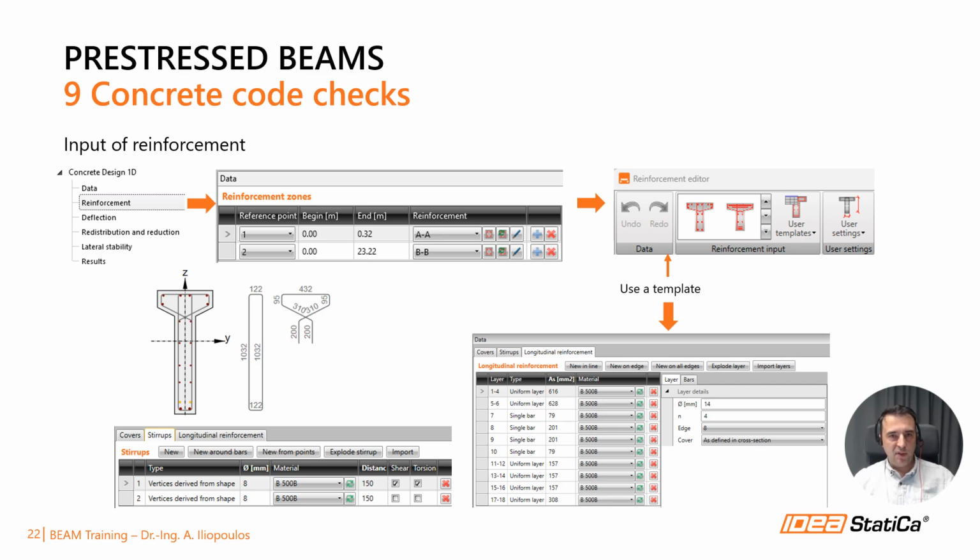For common cases, we can work with reinforcement templates, and this way we can input the reinforcement very quickly and then just adjust the diameters. We can enter the longitudinal reinforcement and the stirrups as well.